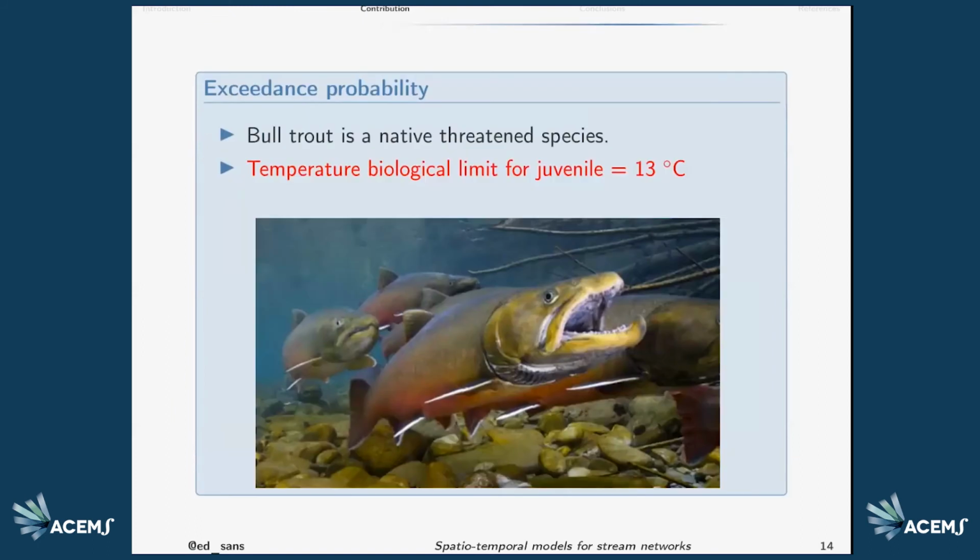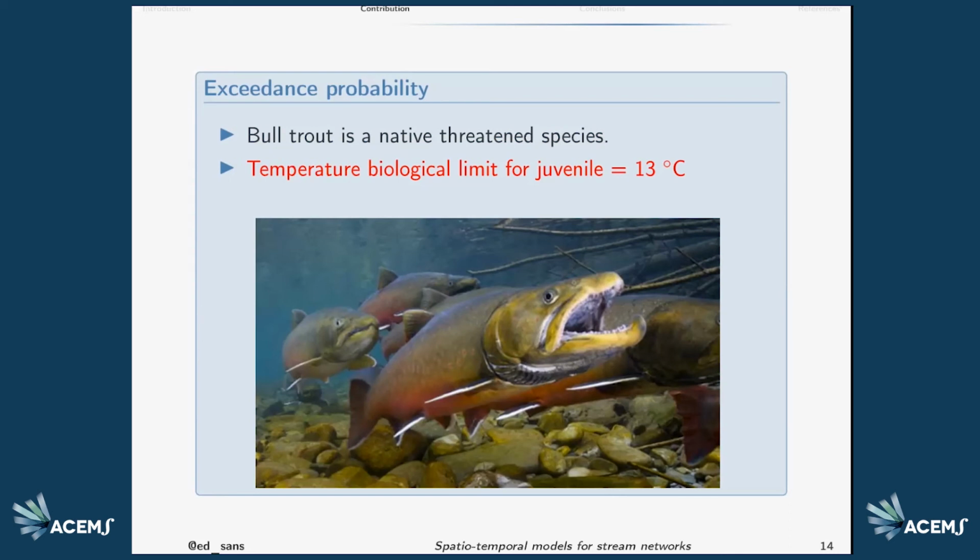From the practical point of view, ecologists are interested, for example, in the probability of exceeding a certain threshold. In these branching networks, we can find species such as bull trout, and lab studies have found that for juvenile bull trout, when the temperature exceeds 13 degrees, it produces thermal stress on the fish.